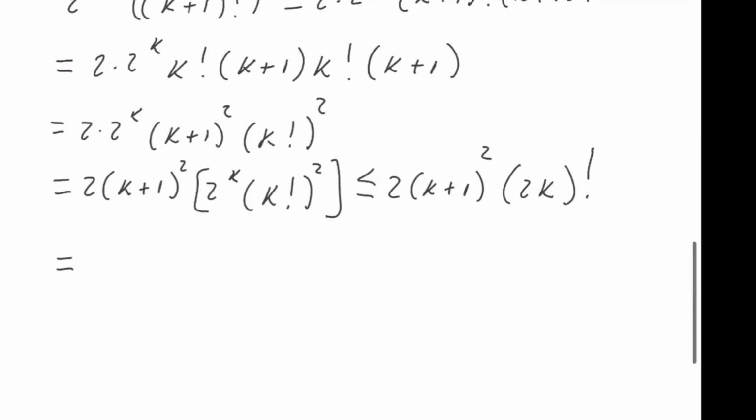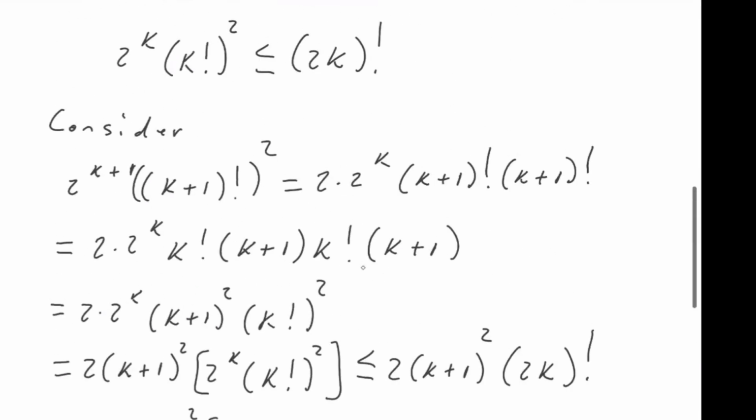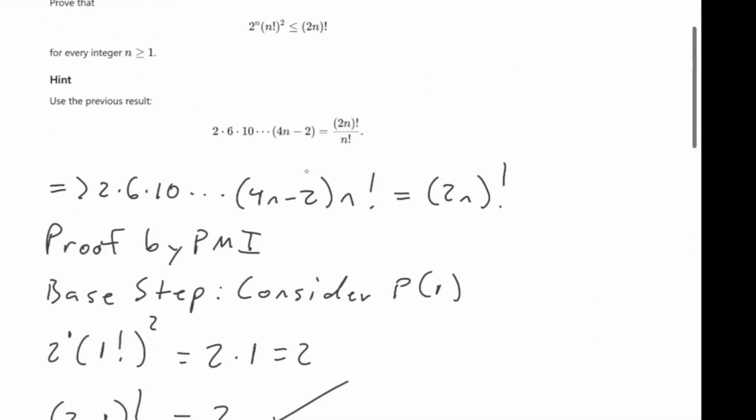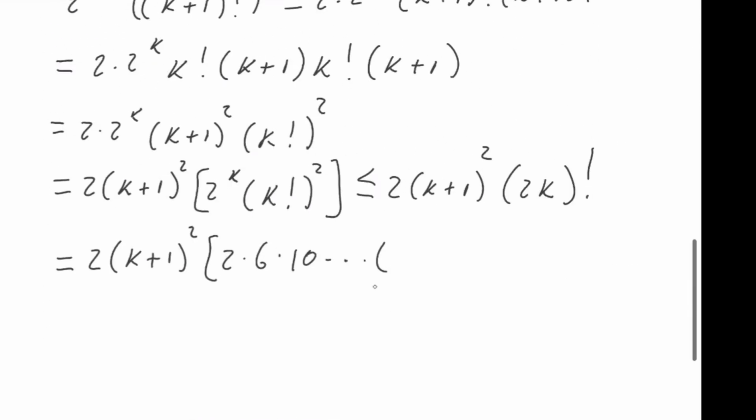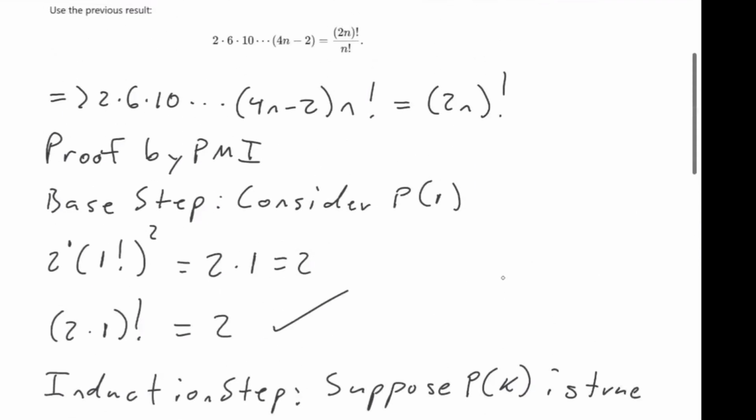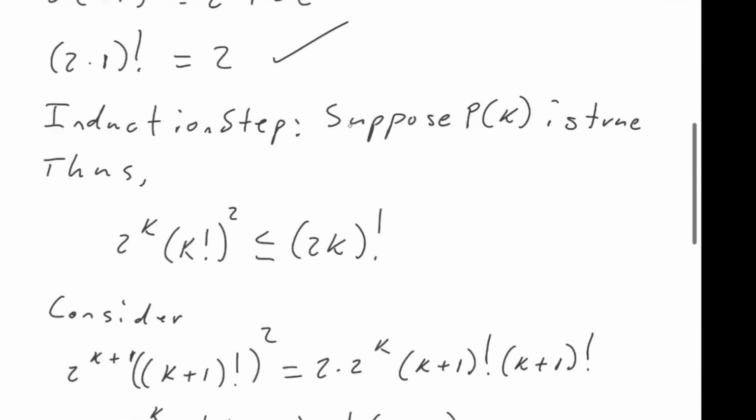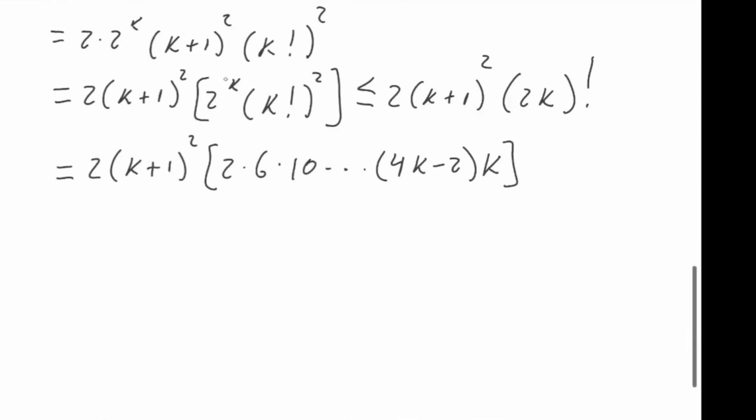So this is equal to 2 times k plus 1 squared times 2 times 6 times 10, but instead of 4n, it's 4k minus 2, times k factorial.